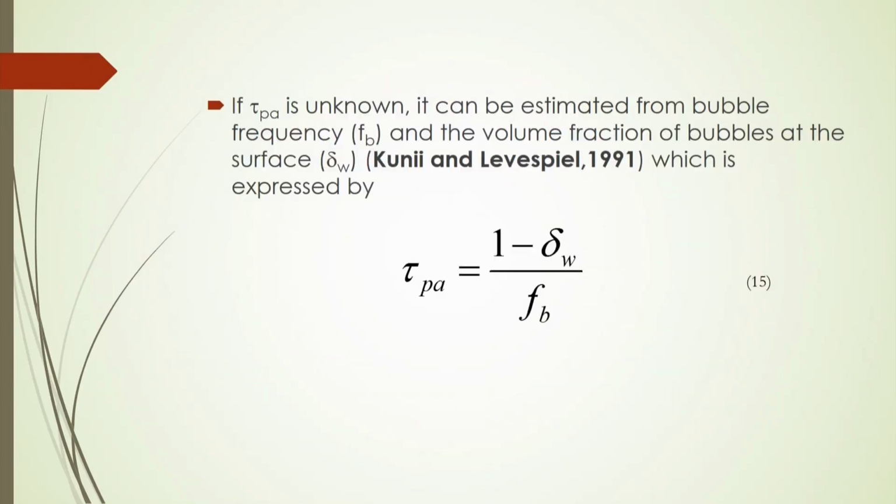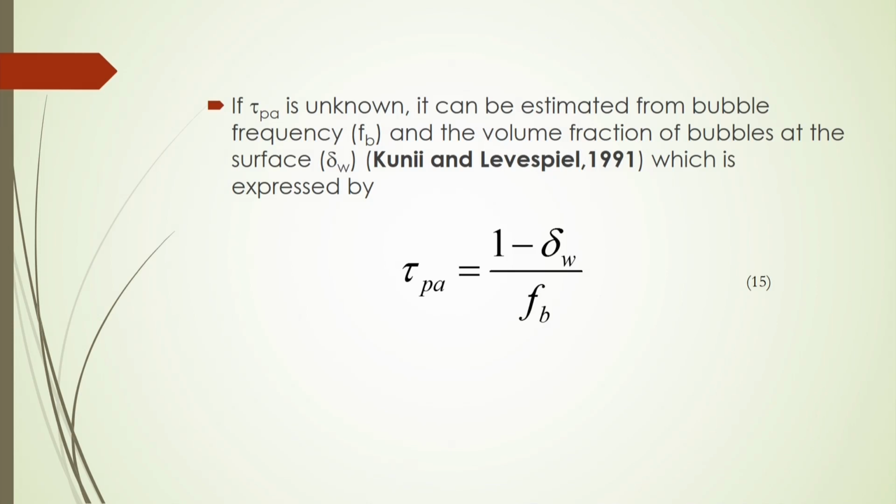And in this case another important factor is tau Pa, which is an unknown parameter, and it can be estimated from the bubble frequency. This is Fb, and the volume fraction of the bubbles at the surface is denoted by delta W, which has already been discussed in earlier classes.